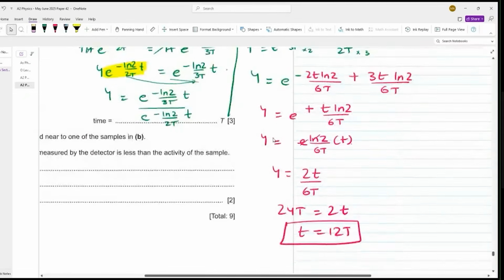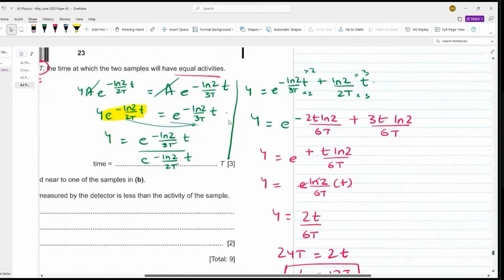Let me explain this complex mathematics again. What did we do here? We first of all took this E minus ln2 divided by 2t towards the left hand side. This becomes your answer. Then we took this entire thing in the numerator. As you took this entire thing in the numerator, the sign became plus.